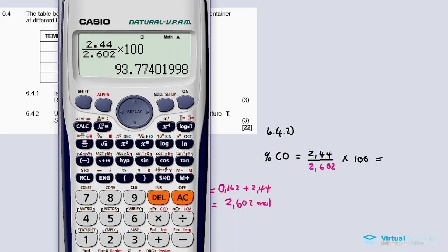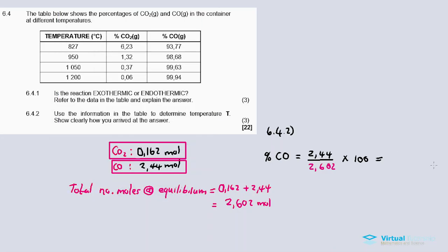Our percentage is 93.77%. Since the percentage at equilibrium for carbon monoxide is 93.77, it means our temperature T is equal to 827 degrees Celsius.